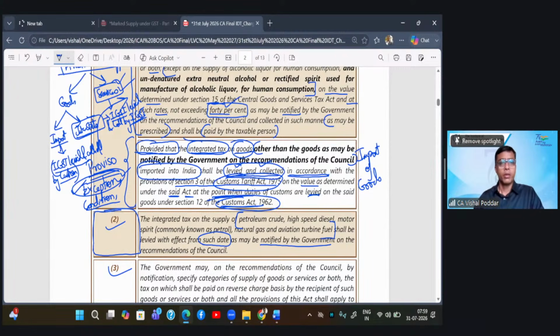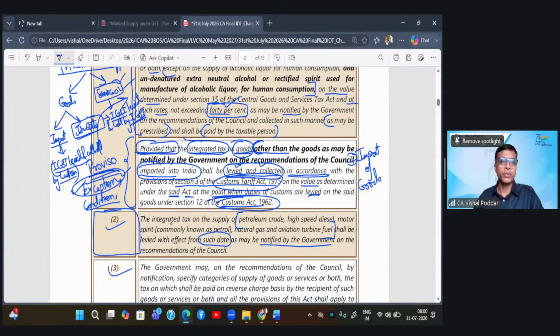Now, within this proviso, there is again an exception. So out of all import of goods, one goods will not be covered in the proviso. It means it will go to the main section. What is that one goods? Goods which may be notified by the government on recommendation of council. So for certain imported goods, this proviso is not applicable.